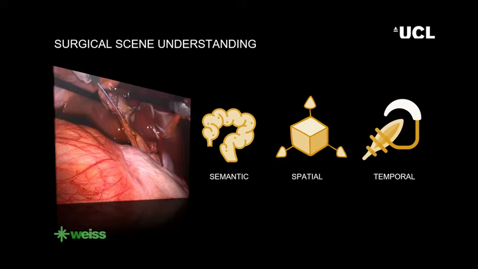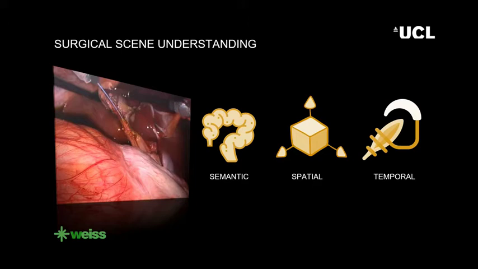I'll approach my presentation from the perspective of understanding what is happening in surgical scenes, and the different dimensions in which we may explore this understanding. One could be the semantic dimension, high-level labels of what's contained within the image.